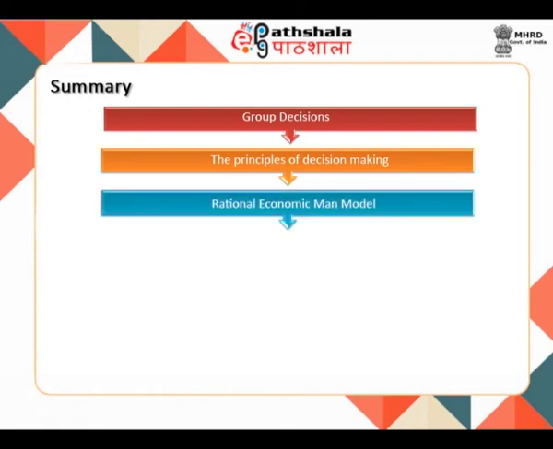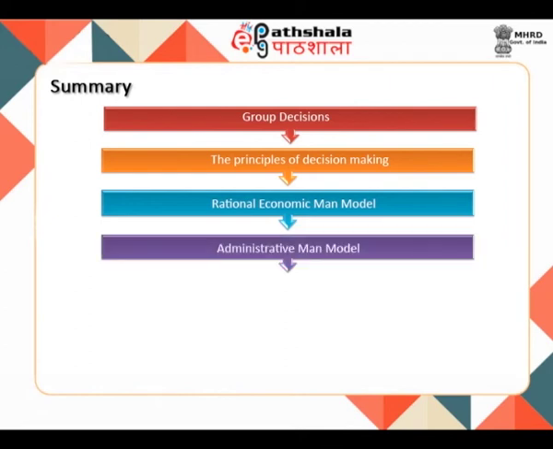In the rational economic man model, the manager takes a decision which is rational and gives the best course of action. In the administrative man model, bounded rationality explains the actual decision making behavior in real life based on uncertainty and several constraints.